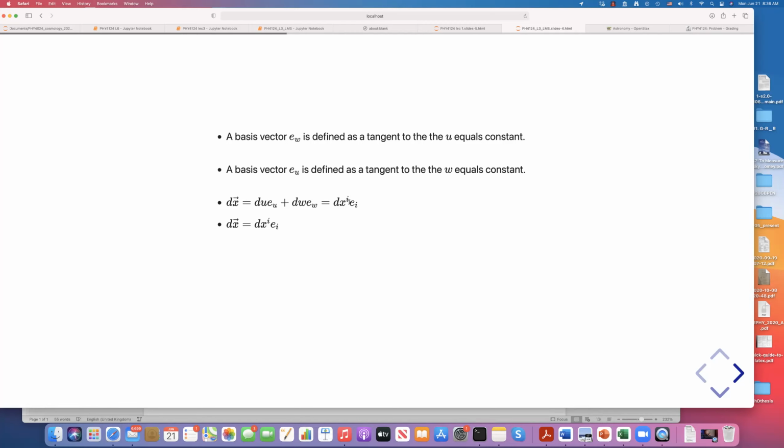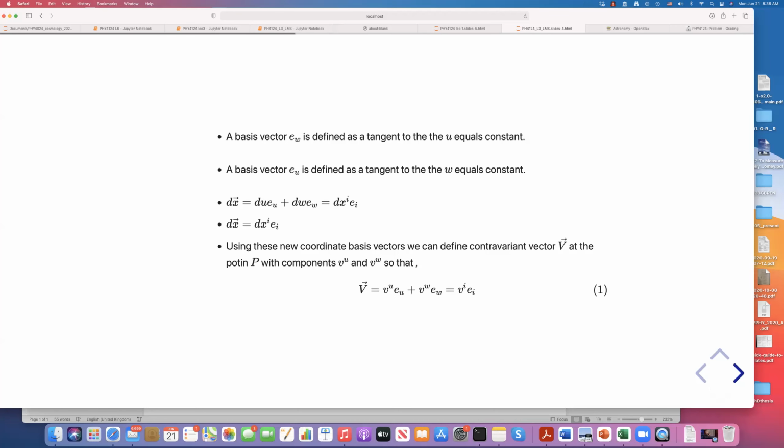That means x1 will be equal to u, so that will be du eu plus, and x2 will be equal to w, so dw ew, right? So in brief, you can write the expression as dx equals dxi ei instead of writing this long expression, using Einstein's summation convention.